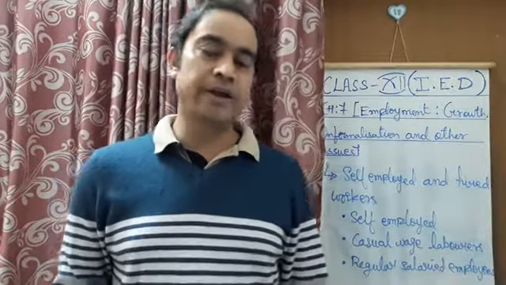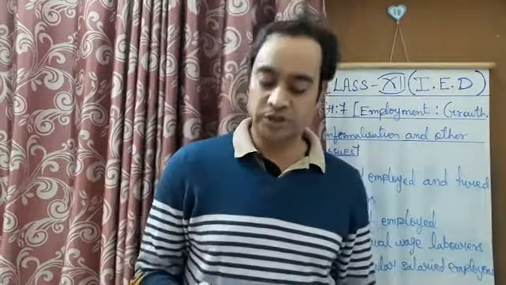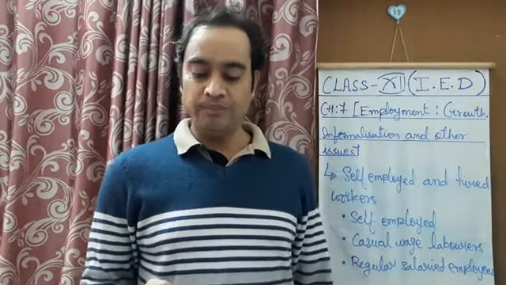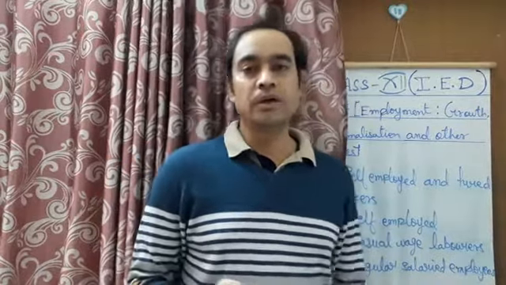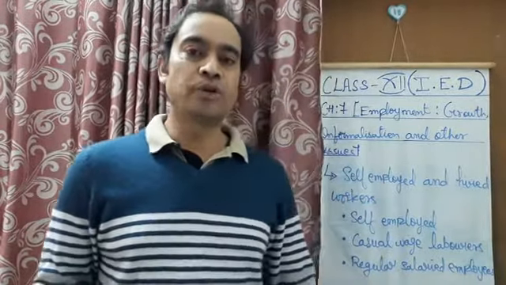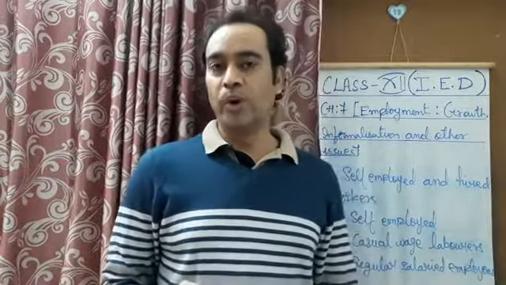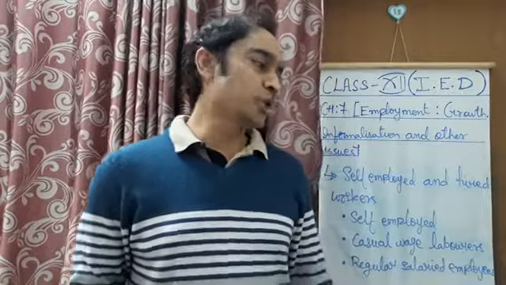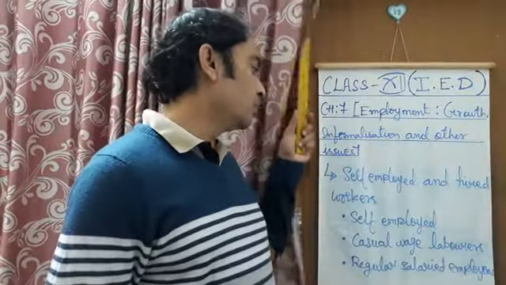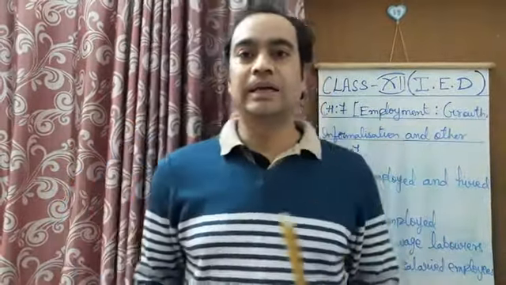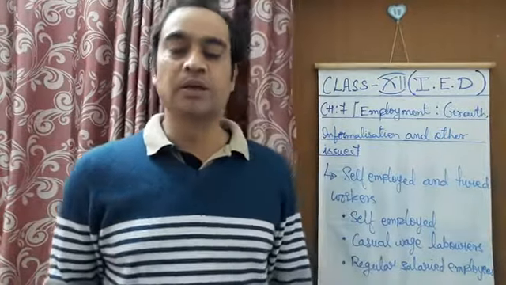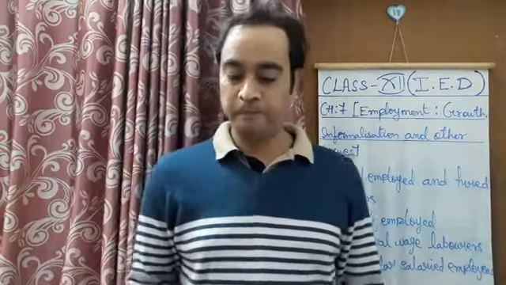This is the first category, or we can say the first status of work. And in this self-employed category, out of the total population working, 52% are engaged in self-employed work. They are having their own enterprise and they are earning profit from it.